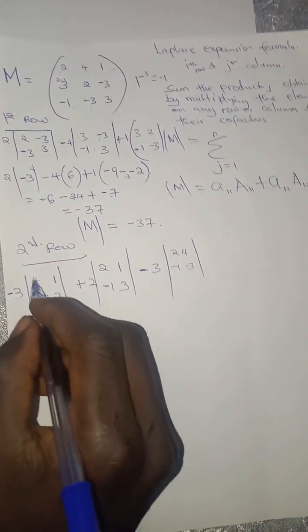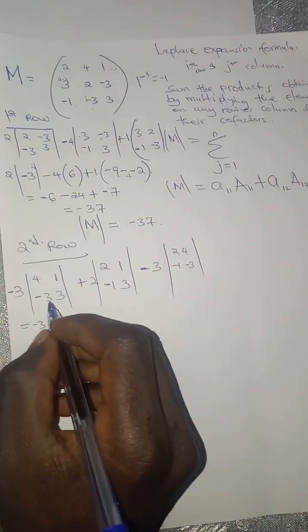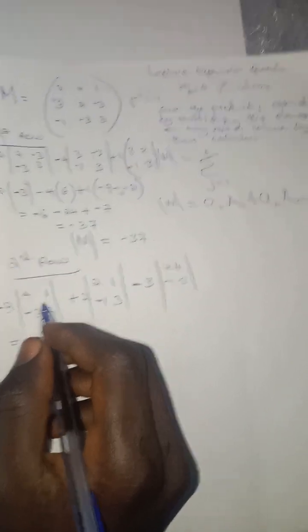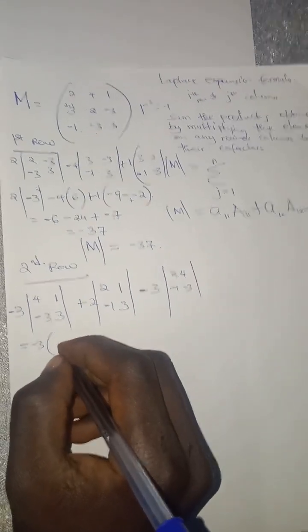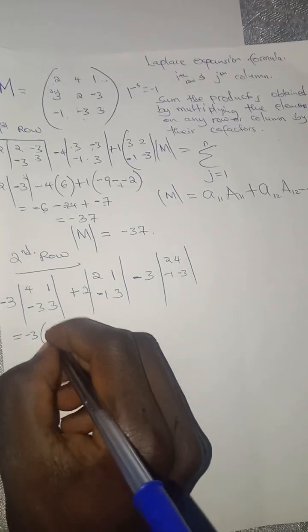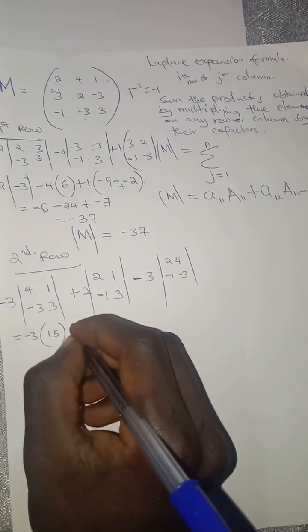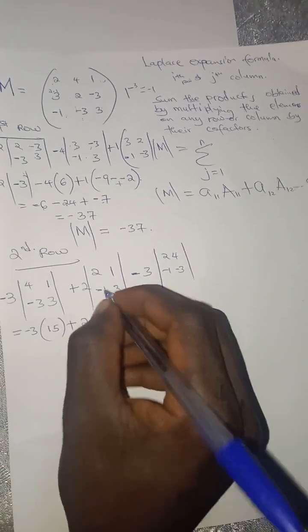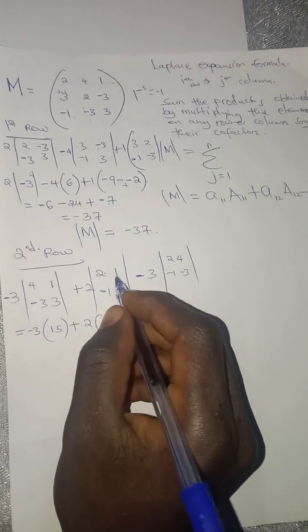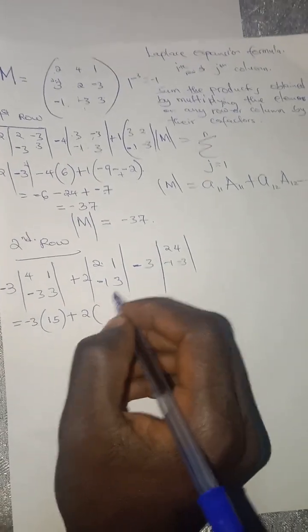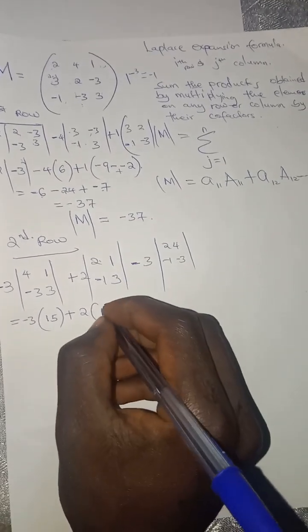Let us try to solve. 4 multiplied by 3 is 12. 12 minus negative 3 multiplied by 1 is 1, negative 3. That is 12 minus 3, which is 15. It becomes positive. Plus 2 into 2 multiplied by 3 is 6, negative 1 times 1 is negative 1, 6 minus 1 is 7.